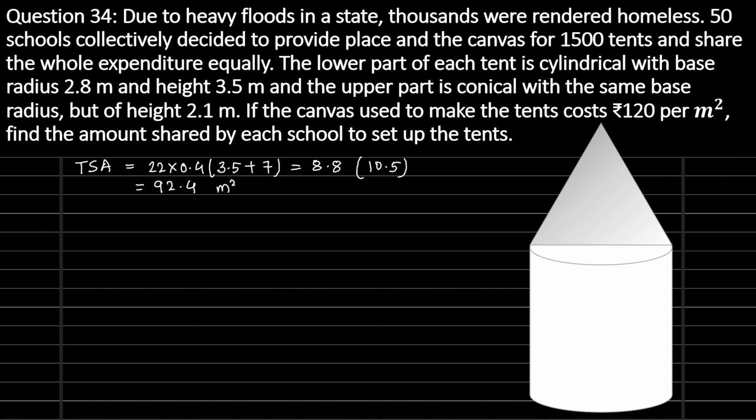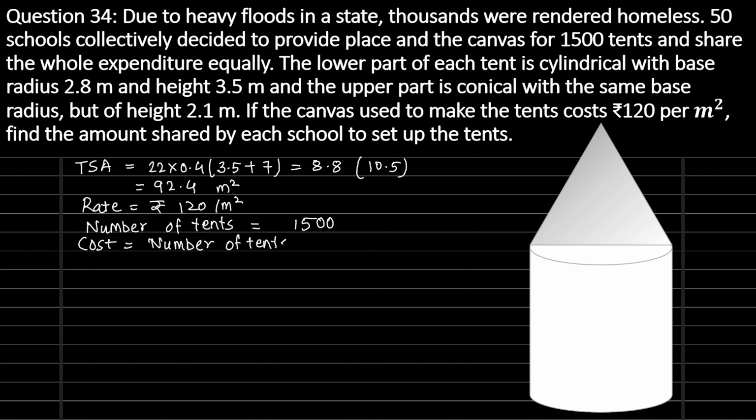92.4 meter square. Now here we have been given the rate. Rate is rupees 120 per meter square. And also number of tents is given in the question as 1500. So the total cost will be equal to number of tents multiplied with total surface area of one tent multiplied with rate.